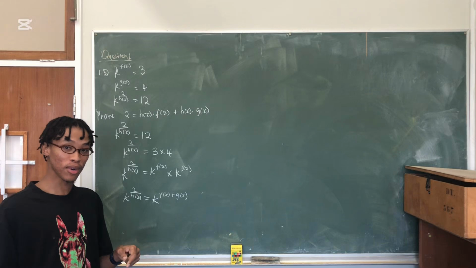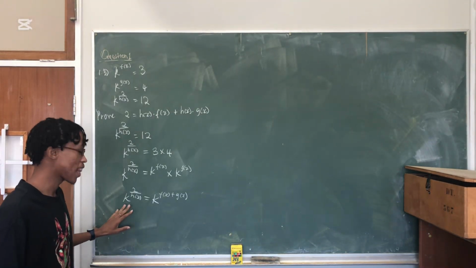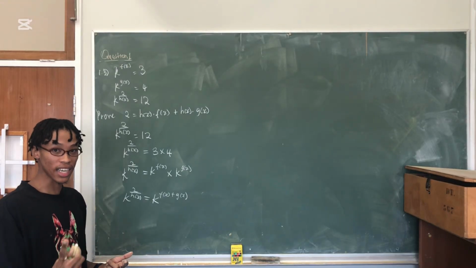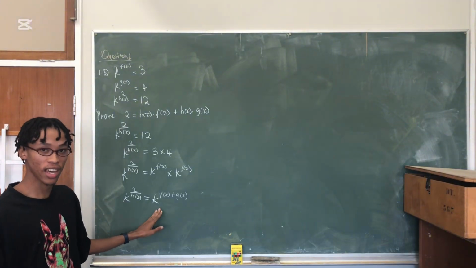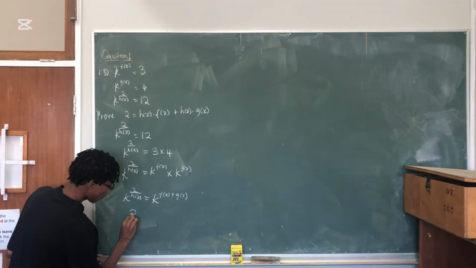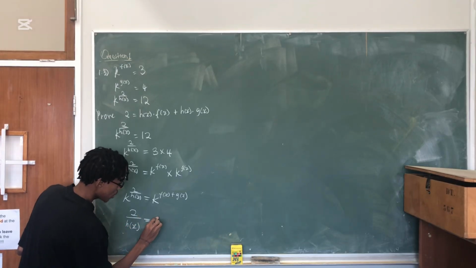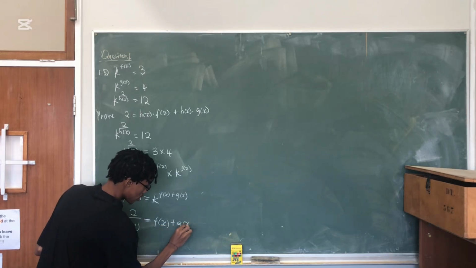And then another law is that if you have 2 exponential expressions that have the same base, then you're allowed to equate the exponents. So this side has a base of k, this side has a base of k. We can write down 2 over h of x equal to f of x plus g of x.